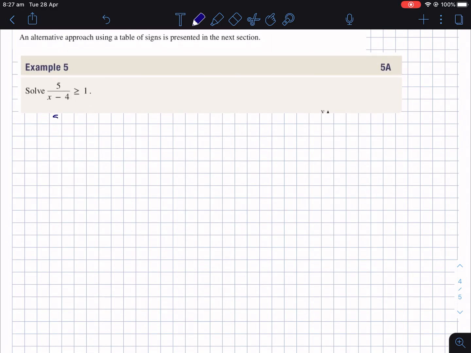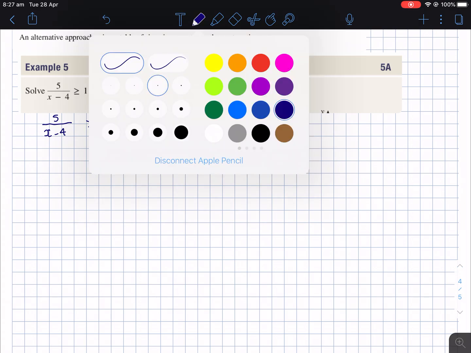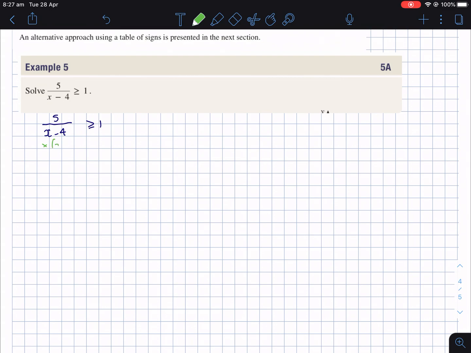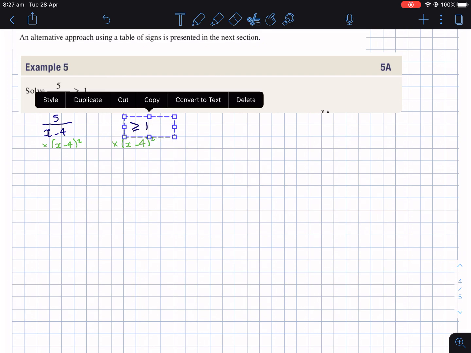So if I've got 5 over x take 4 is greater than or equal to 1, I'm going to times both sides by x take 4 squared. Actually, it's going to be easier if I write that.